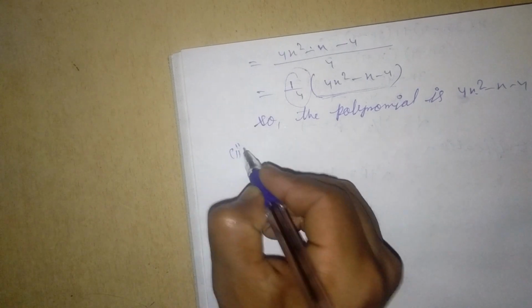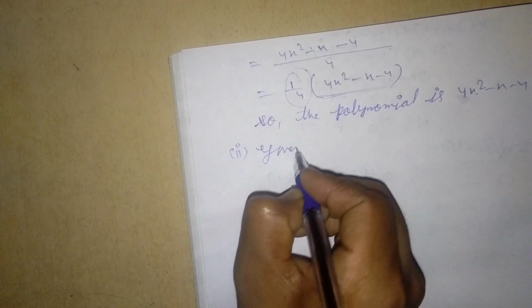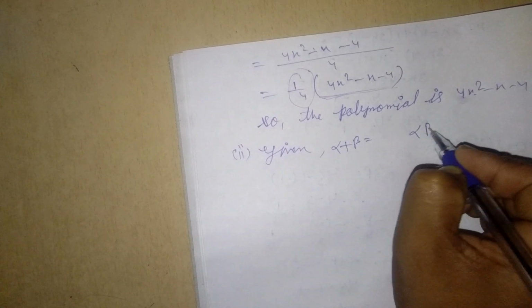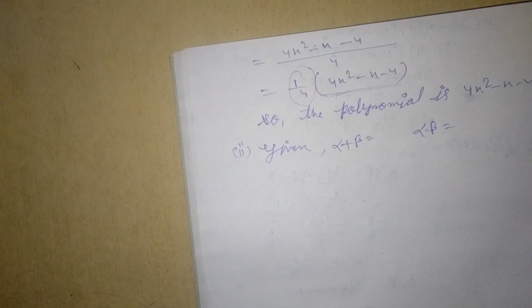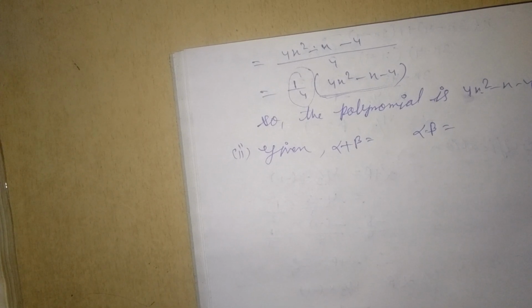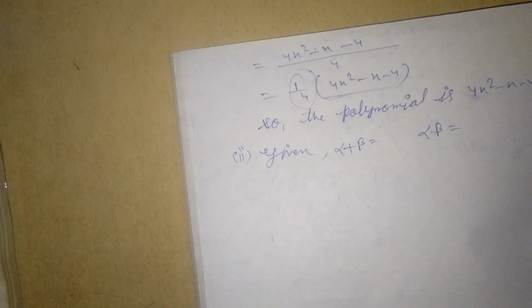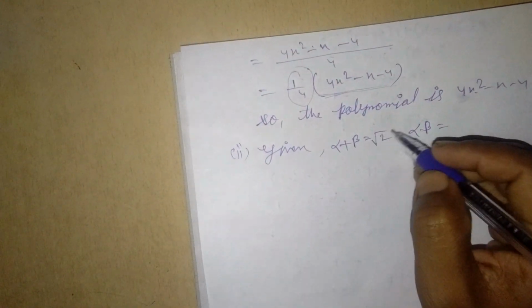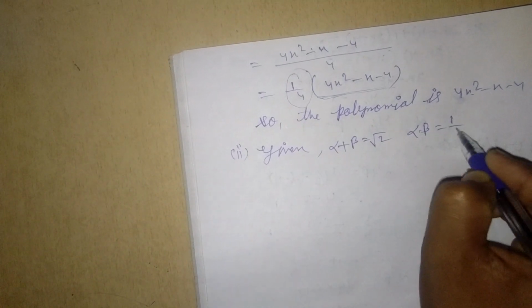Our second question. In the second question, given alpha plus beta and also the product alpha into beta. Alpha plus beta is equal to root 2 and alpha beta is 1 upon 3.